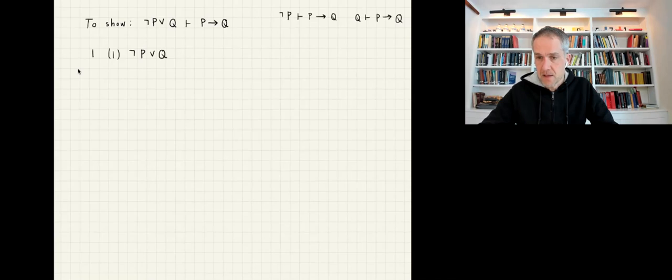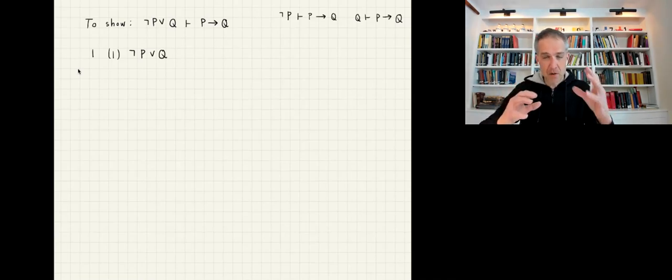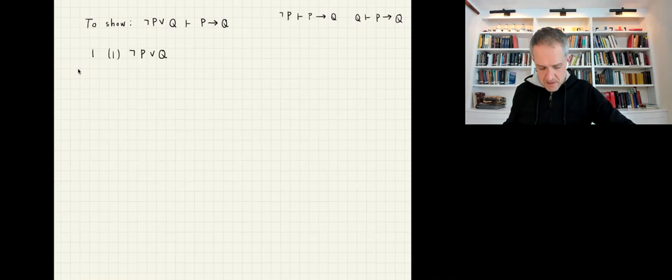Either not P is the case or Q is the case. But now, if not P is the case, by negative paradox, if P then Q. If Q is the case, then by positive paradox, if P then Q. Aha, so that's a strategy I can use to finish this proof. It's going to take a little work because now we're going to have to plug in both of those proofs we did before, negative paradox and positive paradox.